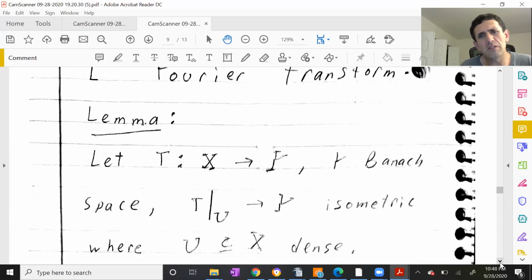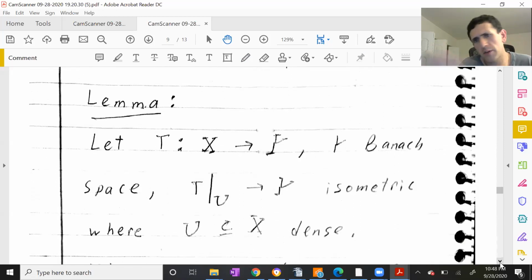All right, so I need a lemma to talk about the L2 Fourier transform. It's a very trivial lemma, but it's good to prove because it tells us how to extend the Fourier transform from L1 intersect L2 to L2. And again, remember, the issue is for an L2 function, the integral defining the Fourier transform is sometimes not defined.